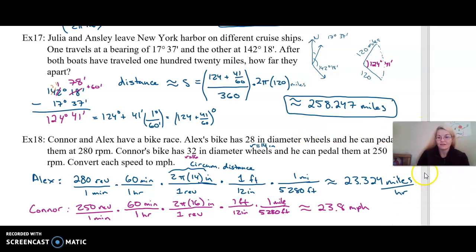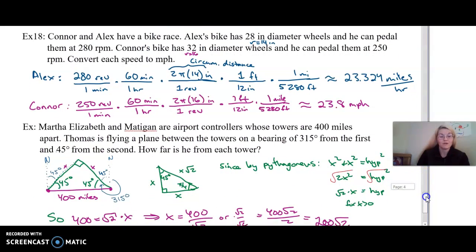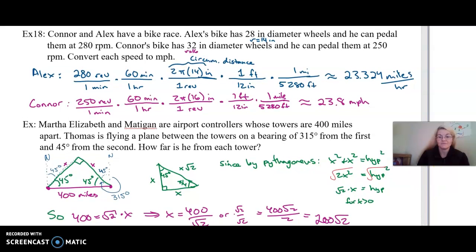And then converting revolutions per minute into miles per hour in number 18 here. Similarly, okay, Alex Spike has a diameter of 28, so it's a radius of 14 inches, and he can pedal 280 revolutions per minute. So 280 revolutions per minute times 60 minutes per an hour. Minutes cancel out, so I've got my per hour.